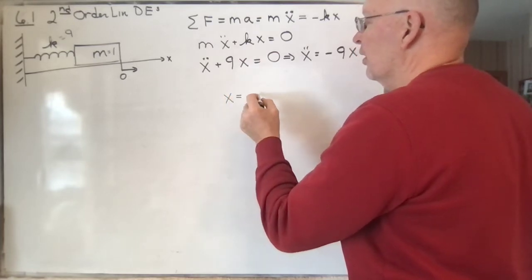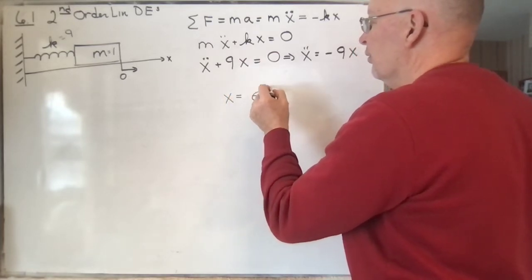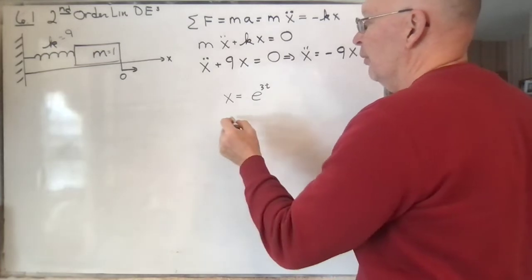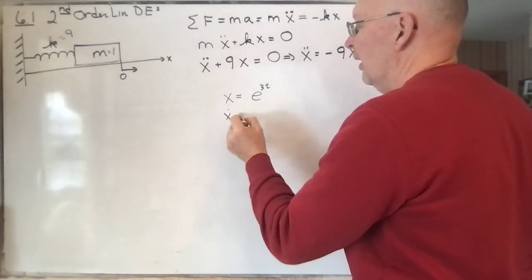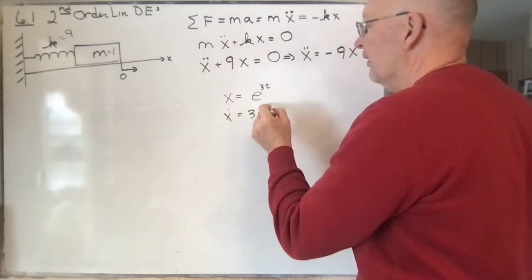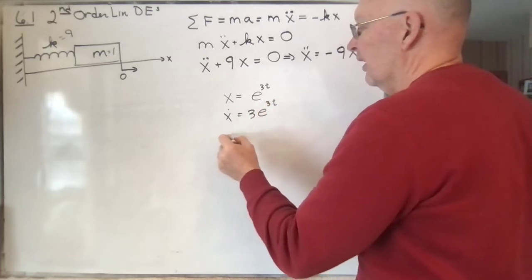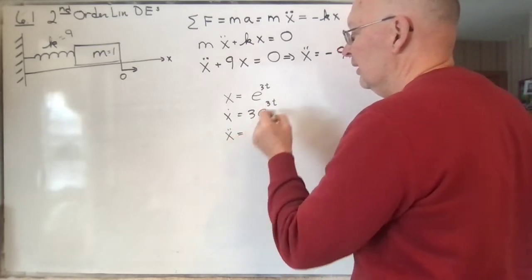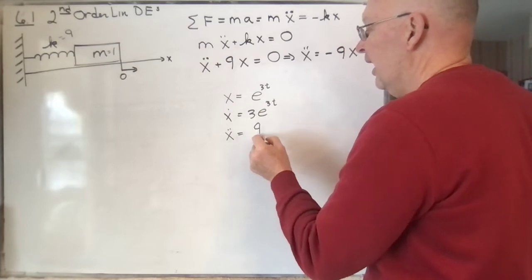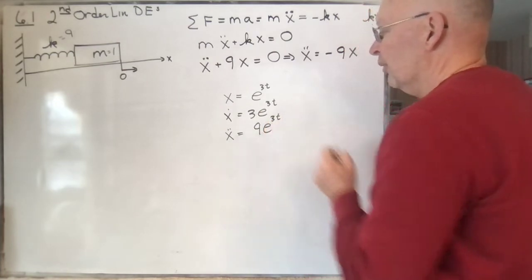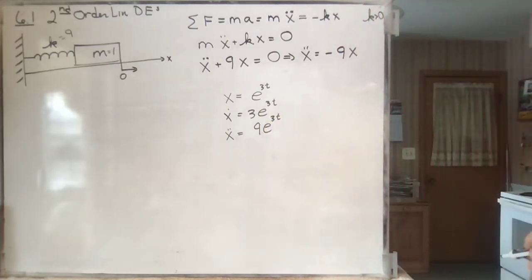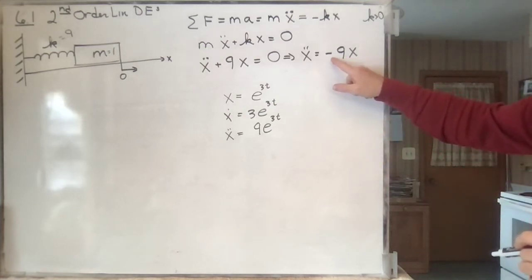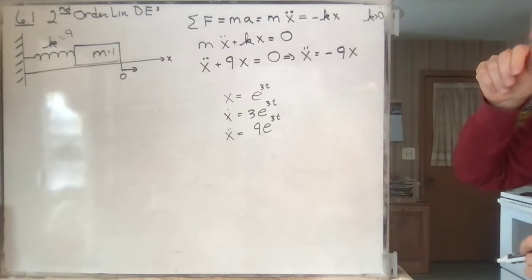If the function were e to the 3t, then when we take the derivative, x prime, that would be 3e to the 3t. And when we take the second derivative, we multiply by another 3, it's going to be 9e to the 3t. So we're kind of on the right track with that, but notice that we want a negative 9 there rather than a positive 9.